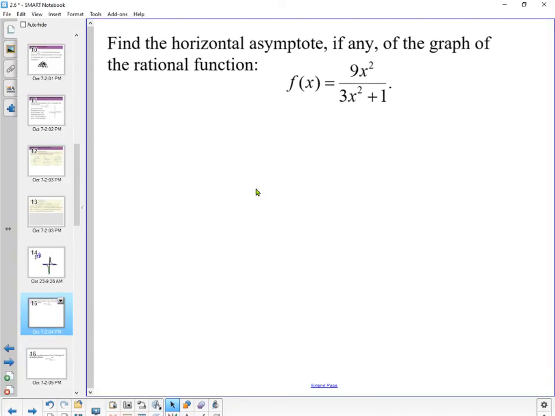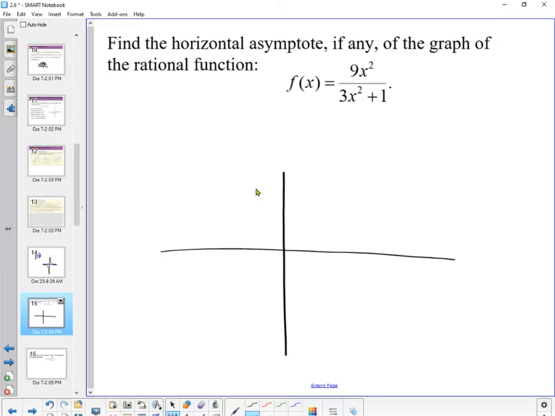Look at this beautiful problem here. In this case, we're looking for all the asymptotes, okay? Now, for starters, are there vertical asymptotes? What makes this 0?